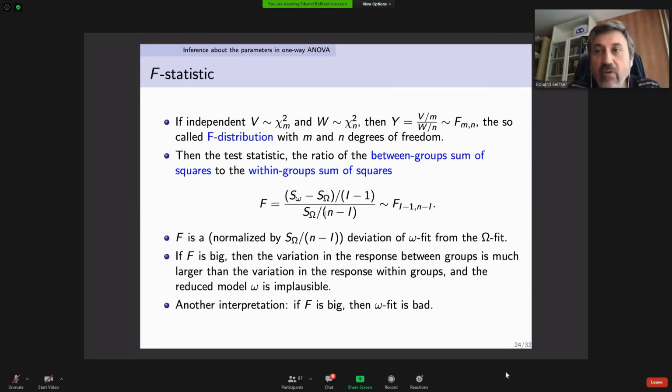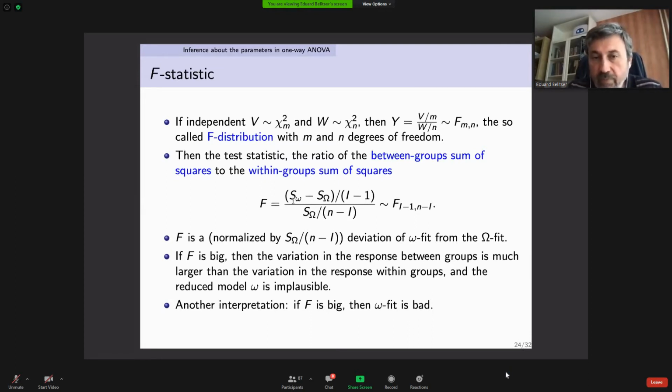This construction is only for the sake of getting rid of sigma, and then we end up with an F distribution with what parameters? Well, the number of degrees of freedom, I minus 1, n minus I. That's it. And then from now on, we just do the testing.